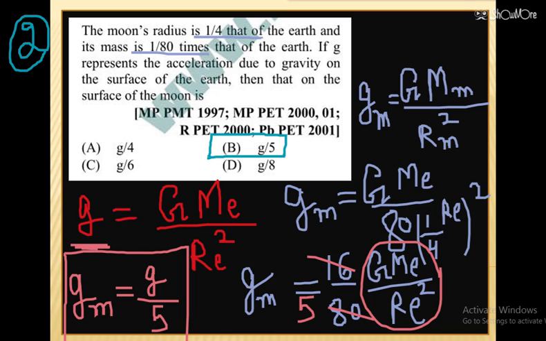After this question, we have to see question number 3. 7 questions we will see in this video, and 2 questions we have done. Now we have to see the question number 3.